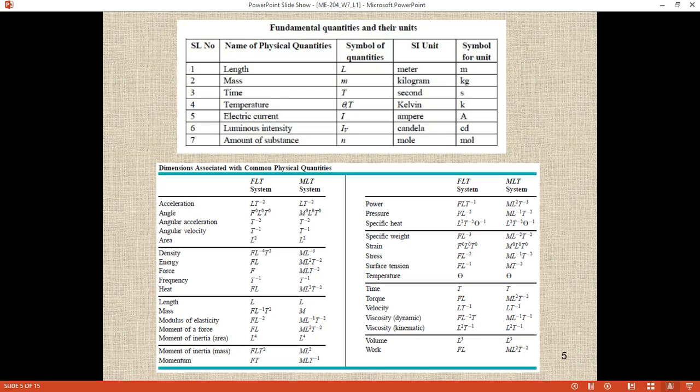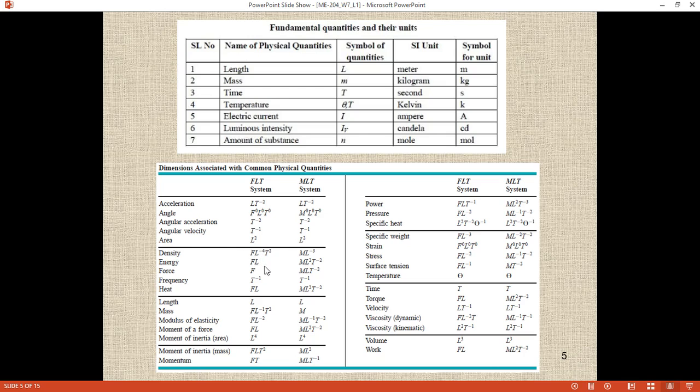Mass is F divided by a, that means F over L times T to the minus 2. When you bring it to the other side, finally you will end up with this equation.